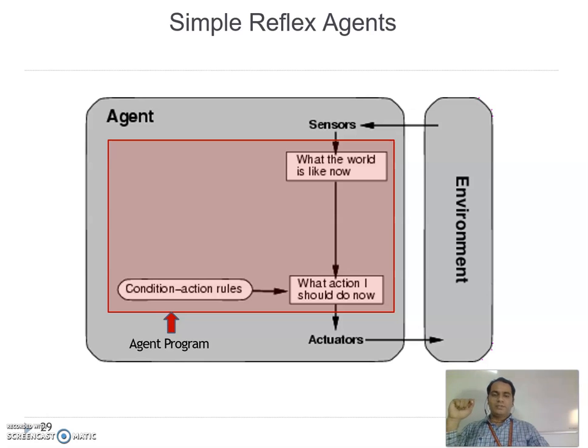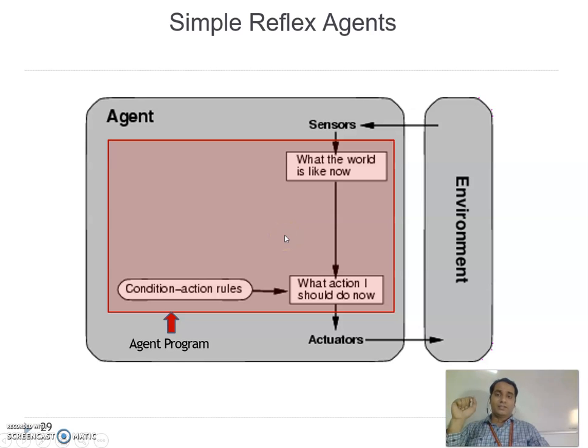In a simple reflex agent, through the sensors, whatever input it has taken, it is understanding what the world is like now. Based on this understanding and the condition-action rules, for example, if A is dirty then suck, it tries to understand what action it should do now. Based on that, it performs the action. This is a simple reflex agent.